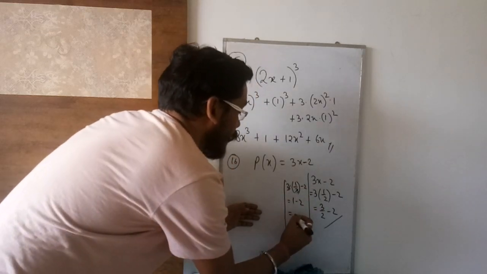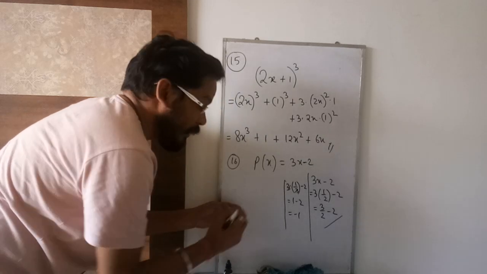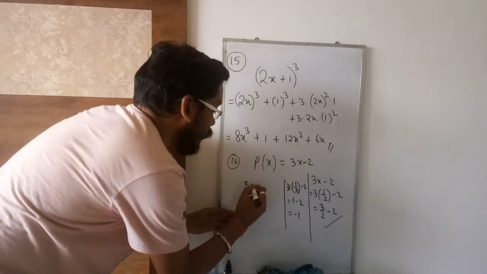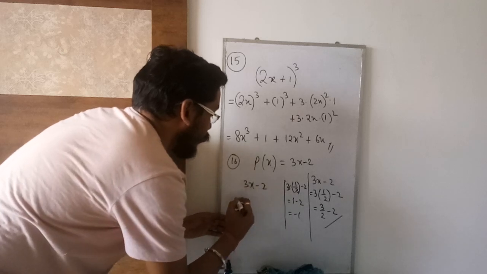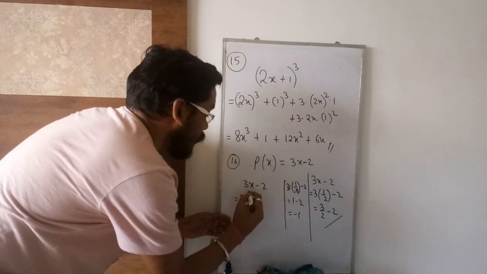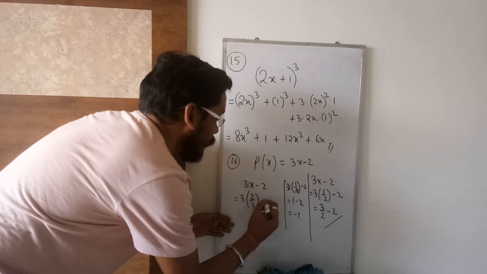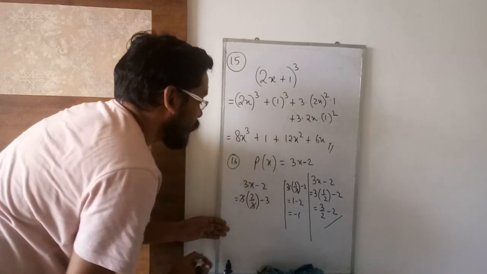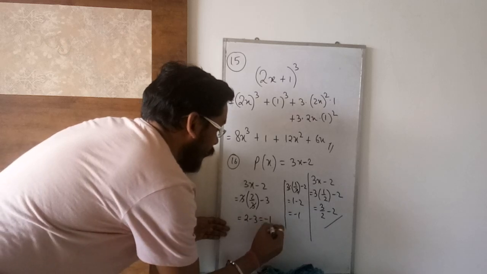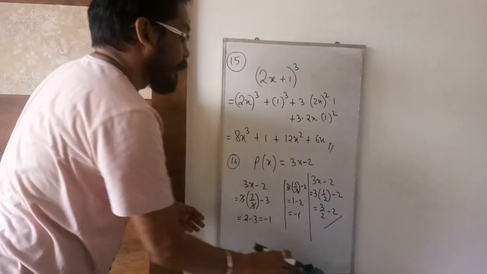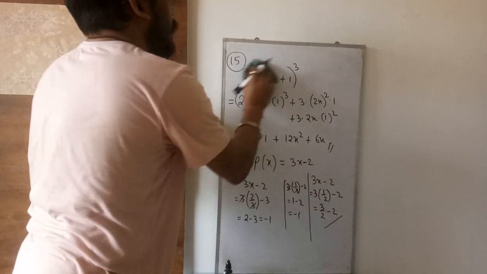Here also you will not get 0 because minus 1. Third value is 2 by 3, so in place of x I will put 2 by 3 minus 2. 3 3 cancel, so it is 2 minus 2. And the last value, I will rub the upper part.